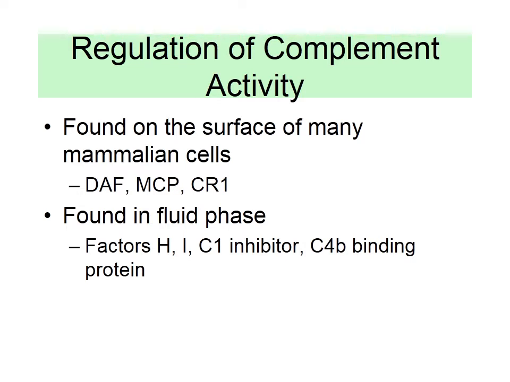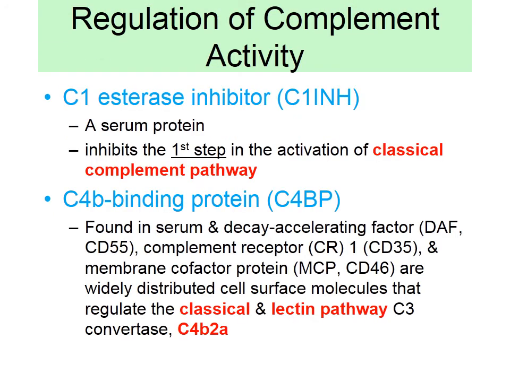Now, if you pay attention to the most important one that we had in C1, how do you regulate the complement activity? There is C1 esterase inhibitor. C1-INH is a serum protein, and it inhibits the first step in the activation of the classical complement pathway.